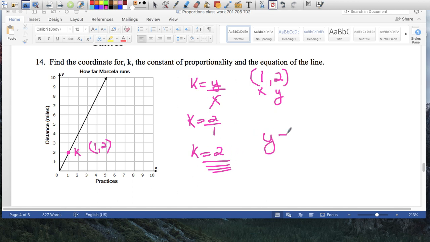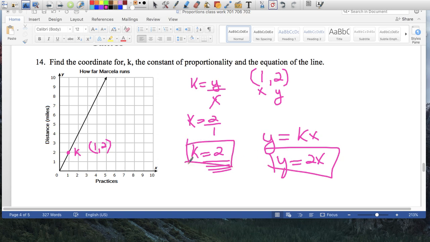And if I substitute into y equals kx, I get y equals 2x, and that's the equation. So right away from the graph, I can tell you the constant of proportionality is whatever the y value is when x equals 1. When x equals 1, the y value is 2, so that number is k. And if I know what k is, I know what the equation of the line is.